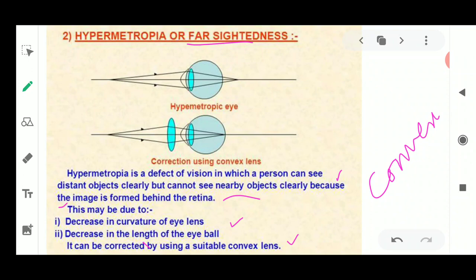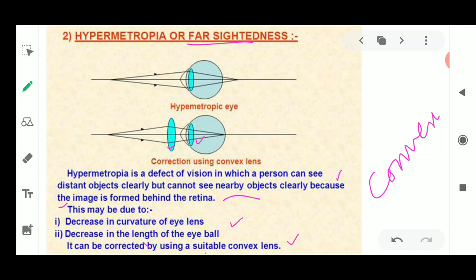Remember that we are using a convex lens. Now the question arises, how is this lens going to be fit? This lens is used with the help of spectacles, according to the problem of a person, whether a person has long sightedness or short sightedness, myopia or hypermetropia.